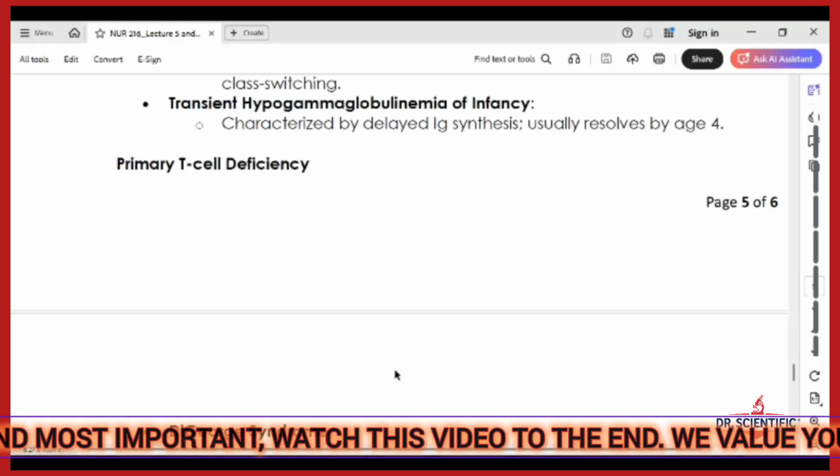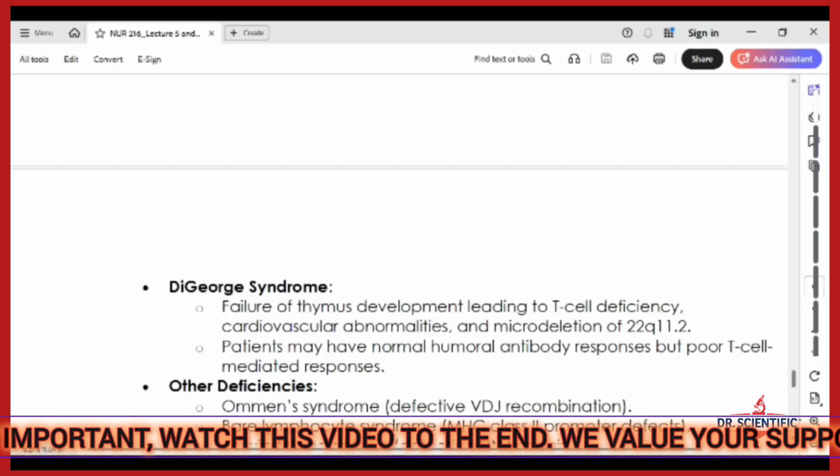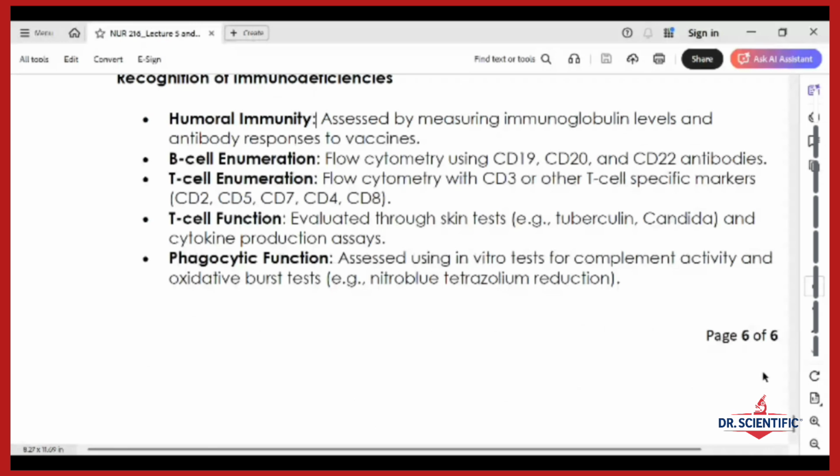But these ones are primary. What we've talked about majorly are primary causes, the ones especially that are genetic. And we've seen they could either be phagocytic, the ones that are affecting phagocytic cells. They could be affecting complement. They could be affecting B cells or rather immunoglobulins in general. They could be affecting T cells. It could also be a combination of several factors, what we are referring to as SCID.